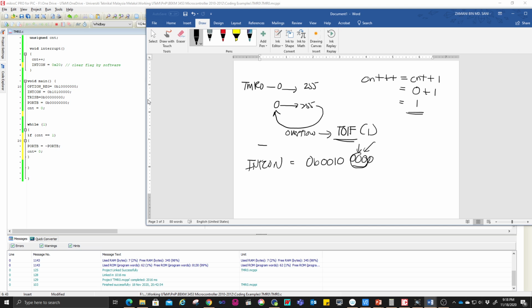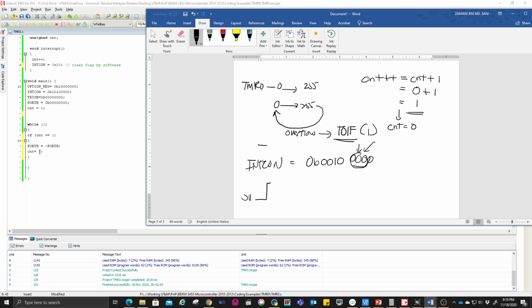That's why just now your value for port B is all 0 volt, based on this one just now. Then after the count 1, it goes up here, and your count is changed back to 0. So this is resetting back your count, meaning your count is now back to 0.